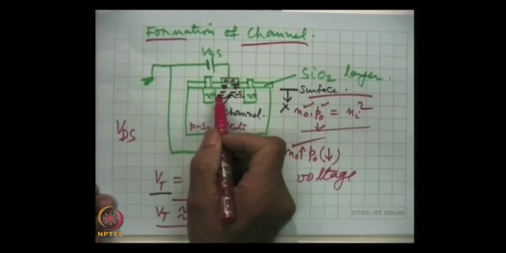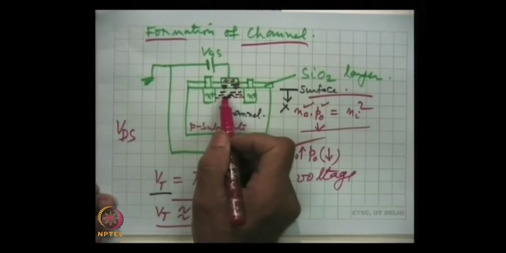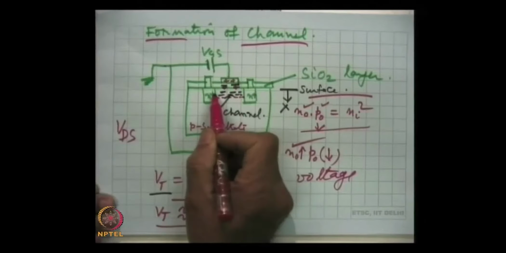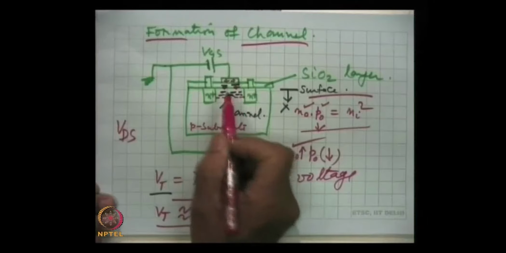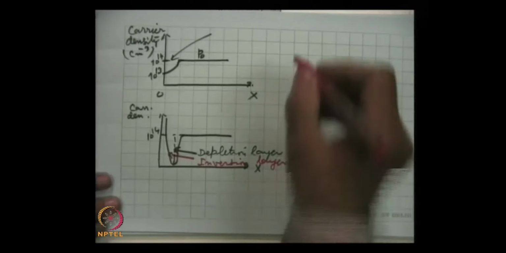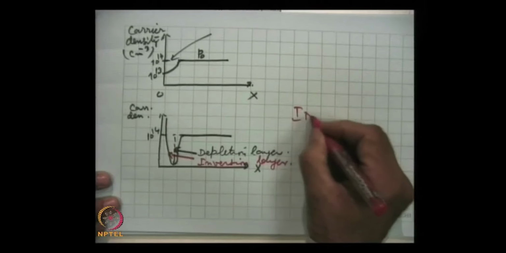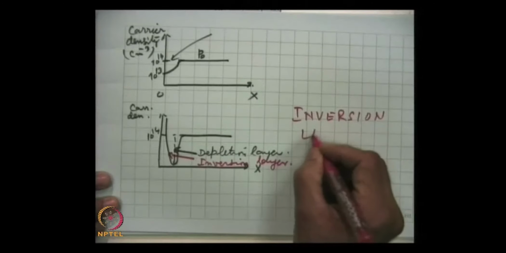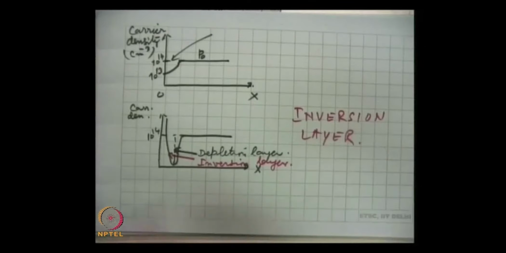Here the electron density has gone up by 1 or 2 orders of magnitude as compared to the electrons here. So, a channel has been created. This is called the inversion layer. An inversion layer is created and the device functions.